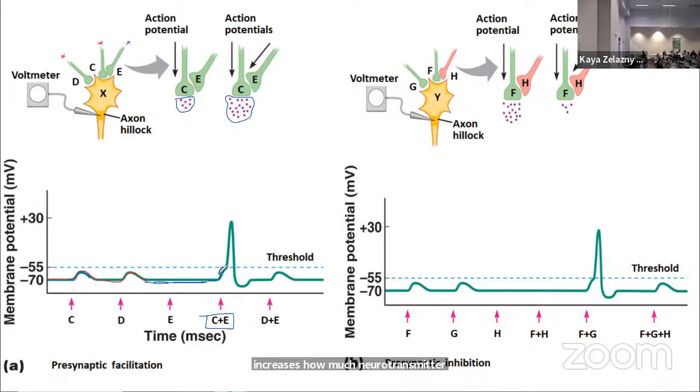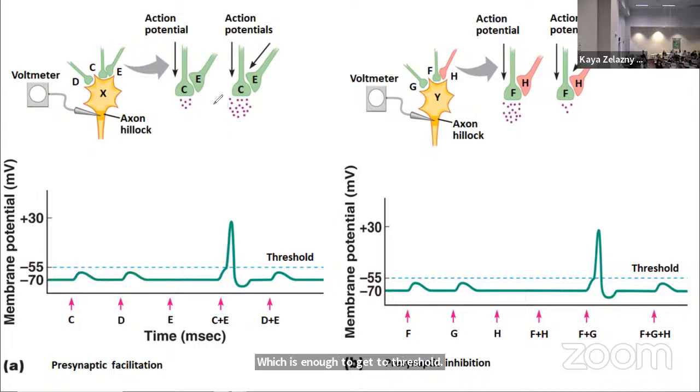So it's facilitating, making it easier for C to release neurotransmitter, which is why we have this larger effect when C and E fire together, which is enough to get to threshold, leading to an action potential.